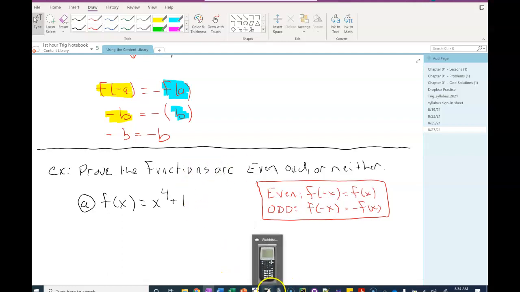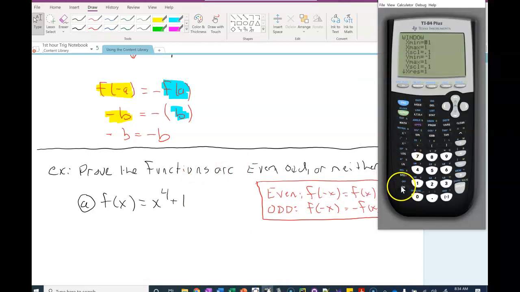So maybe before we even get started, it would make sense to graph my function and take a look at the picture so I have an idea of what I'm going to be proving, so I know whether the answer should be odd or even or neither, right? Everybody's okay with that reasoning? So I'm just going to punch this in real quick.